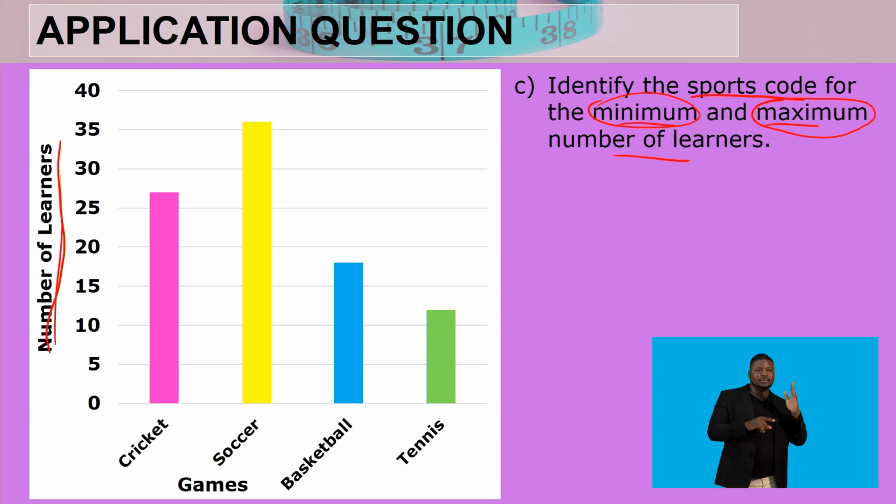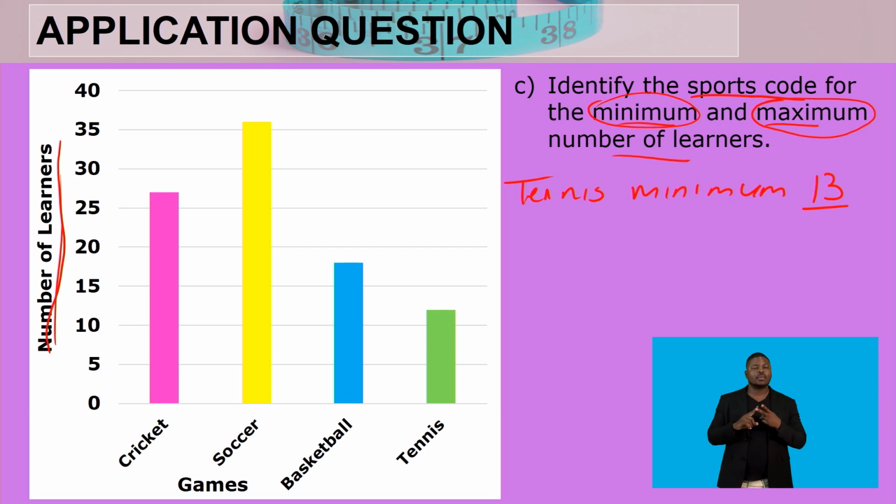The sports code with the least number of learners is tennis. So you write down that tennis has the minimum number of learners, which is how many learners? We've got about 13, because it is slightly above 10 but below 15. So tennis has the minimum of 13 learners.